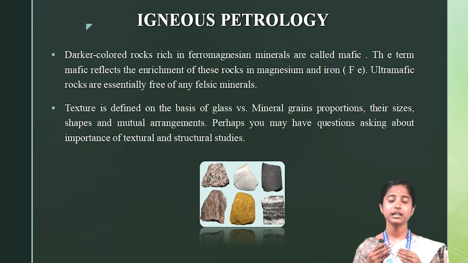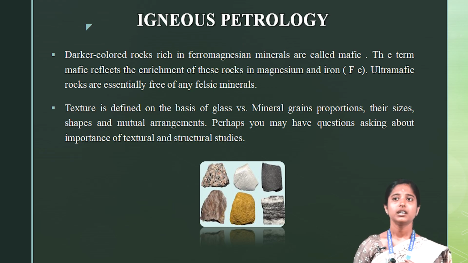So these are happening in our earth naturally. This texture and structure provide an idea about the geological process during crystallization. They also provide valuable information about the physical chemistry and the cooling history of the igneous rock.